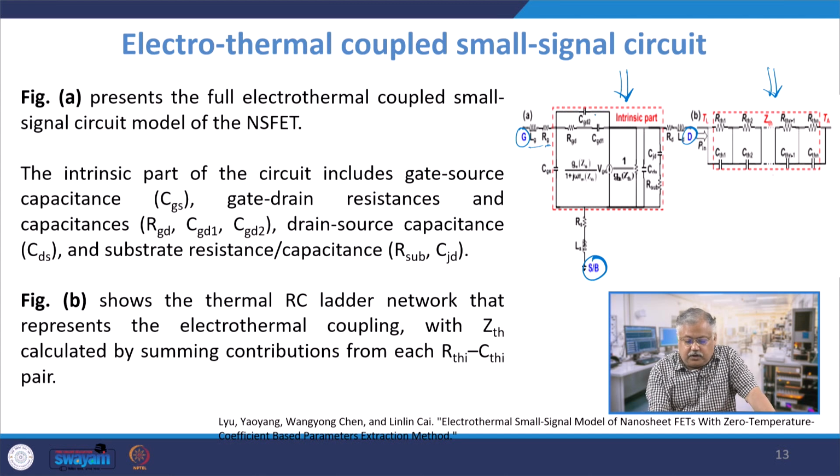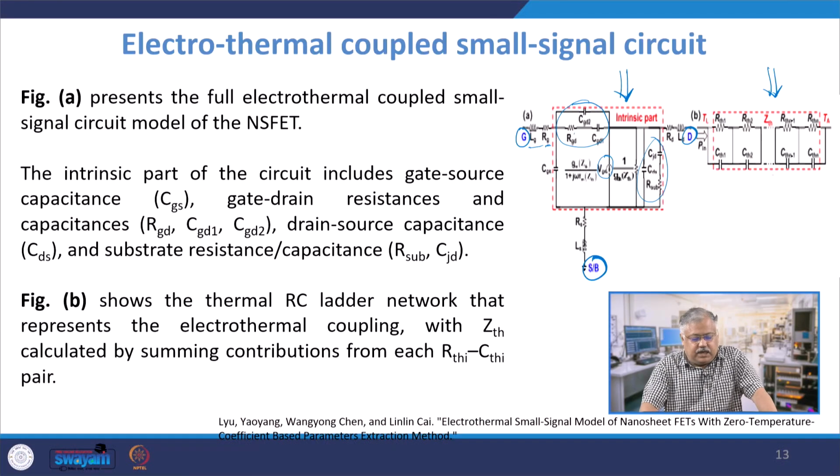In the intrinsic part, you have gate to drain resistance and gate to drain capacitance at this particular point, and then you have gate to source capacitance, junction capacitances, CDS and substrate resistances, all mentioned within the red jacketed part, which is the intrinsic part. So, as I discussed with you, when you do de-embedding, you do the intrinsic part and the extrinsic part separately, right?